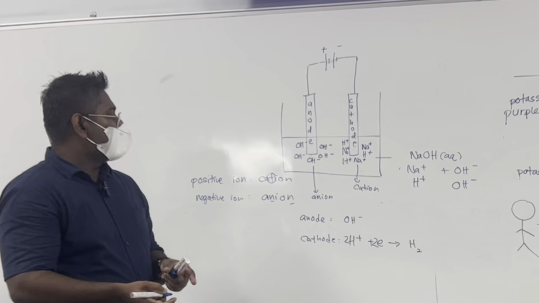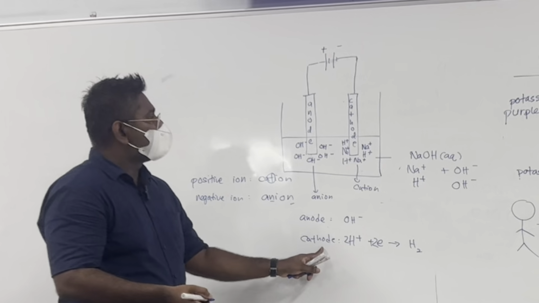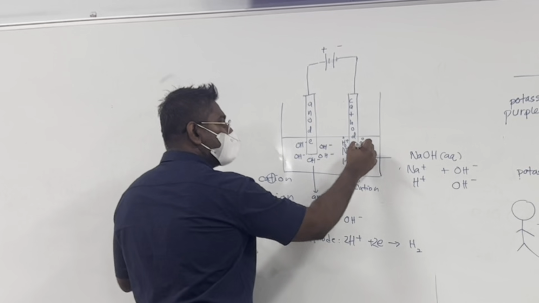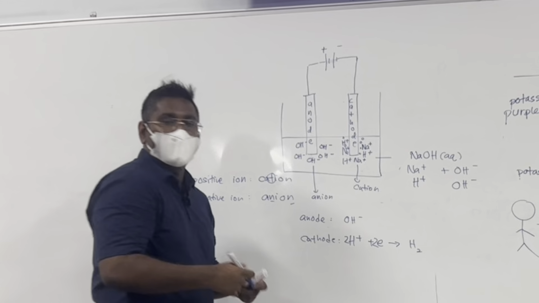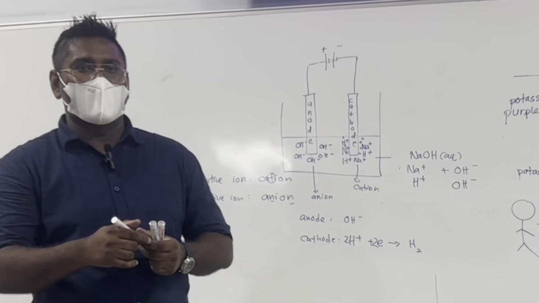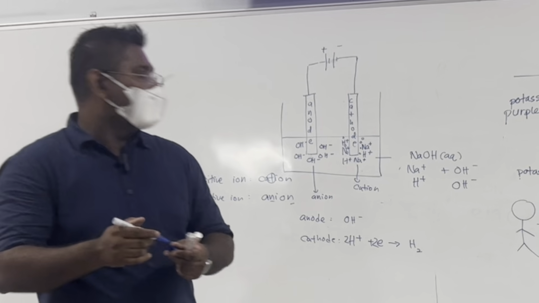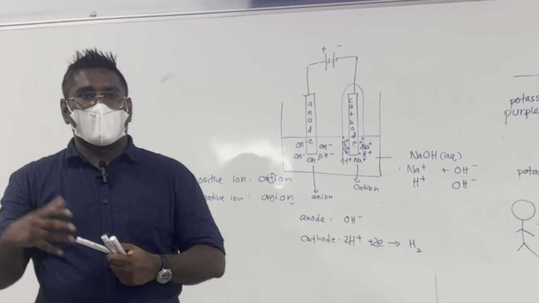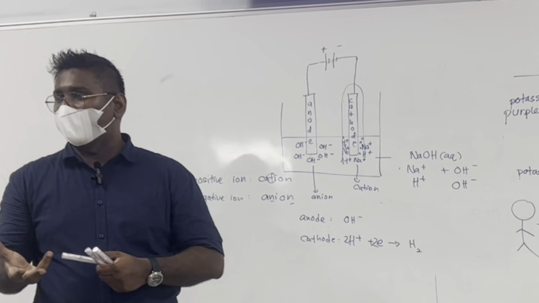It means that at the cathode there will be bubbles of hydrogen. If you happen to collect the gas and test it, it will give you the pop sound with a lighted wooden splint.